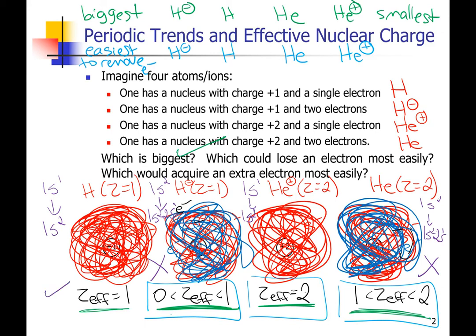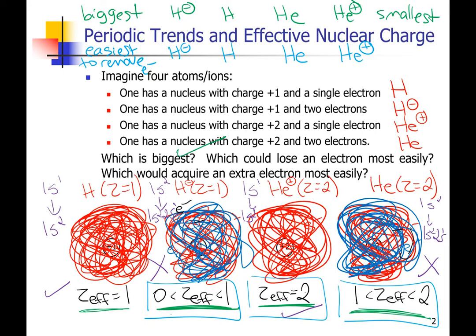And we could potentially make neutral helium, which is going to release more energy, which is going to be easier to do. Well, it's going to be easier to add the electron to the species that has the most effective nuclear charge that will be felt by that new electron.